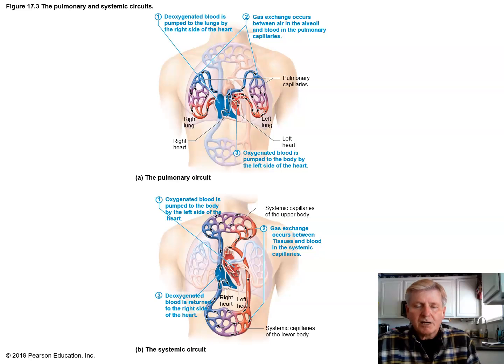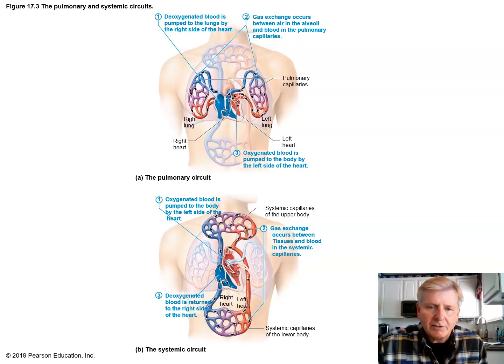And then once that blood is oxygenated, it returns to the heart via the 4 pulmonary veins, which are colored red to denote oxygenated blood.